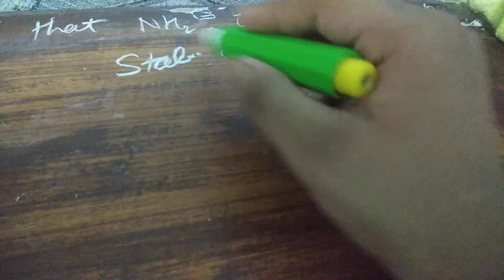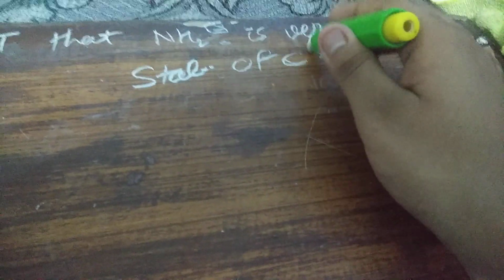Stability of conjugate base is directly proportional to the strength of the original acid, and vice versa. Stability of conjugate acid is directly proportional to the strength of the base. So we can say it is a very strong base.